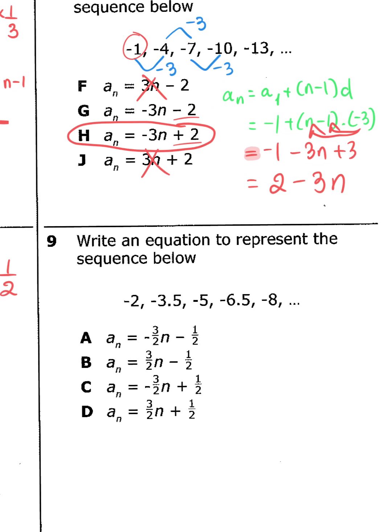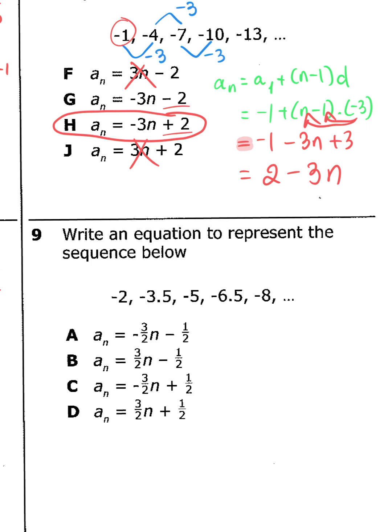All right, number 9. Okay, let's see the differences. Okay, if you don't know the differences, because your number is negative, sometimes it's hard to see the negative. You take the second number, you subtract with the first term, you will see the differences.